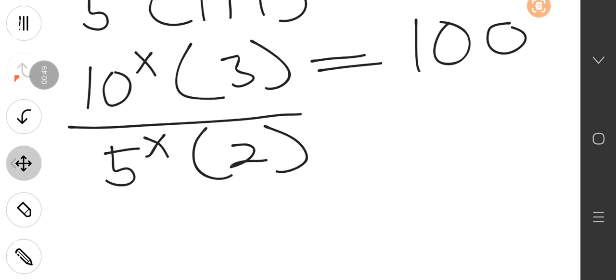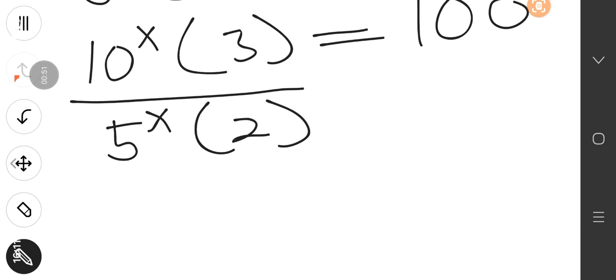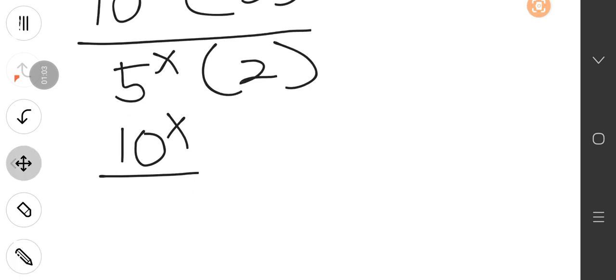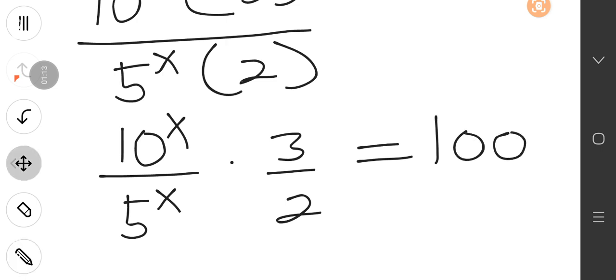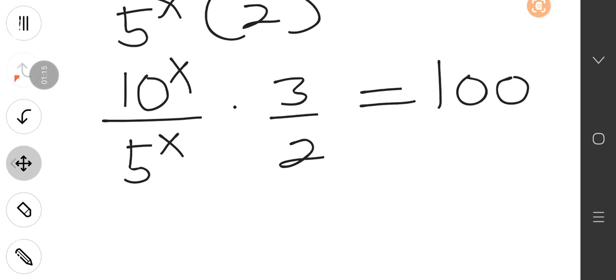So this is what we have. Now, we can reorganize this equation, or write it in another form. You're going to have 10 exponent x over 5 exponent x times 3 over 2 equals 100.